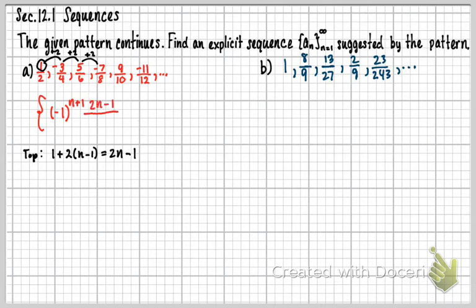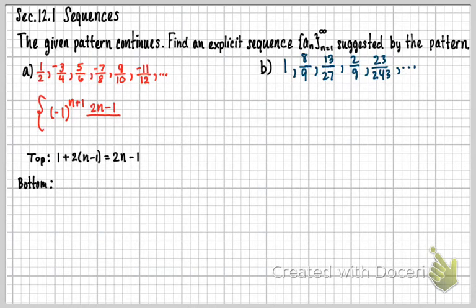Now let's talk about the bottom. Notice here I'm jumping 2 every time again. So I'm going to have that 2n.